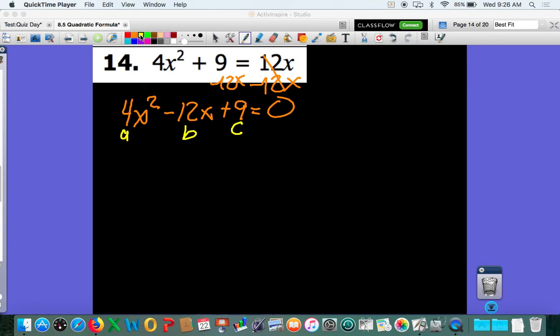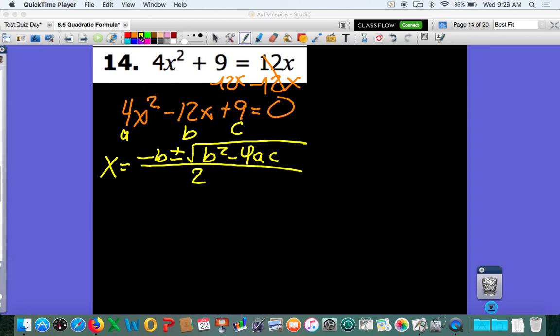Okay? Let's put it into the equation. X equals negative b plus or minus the square root of b squared minus 4ac all over 2a. Right? Let's fill it in. X equals negative. My b is negative, so negative 12.